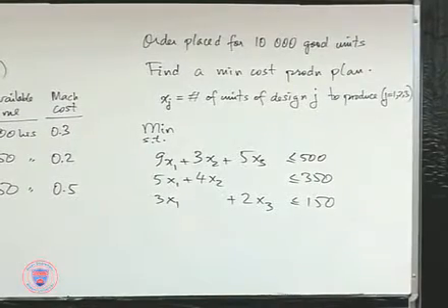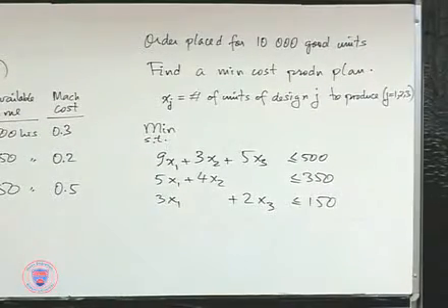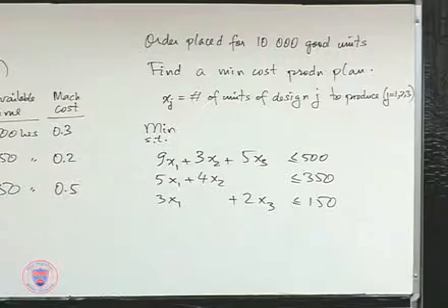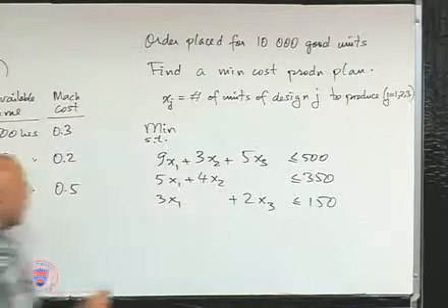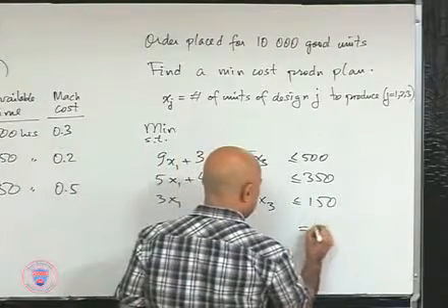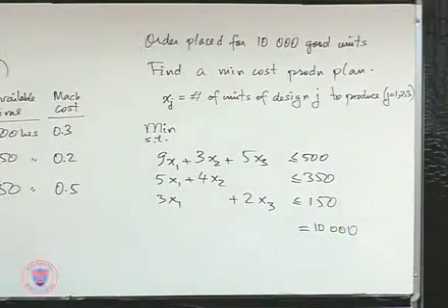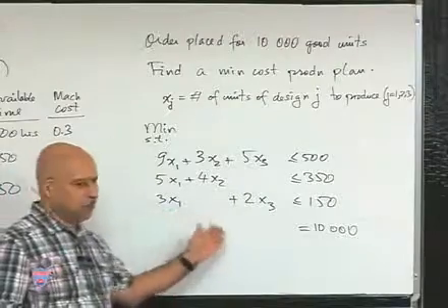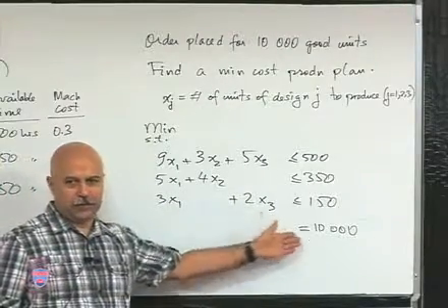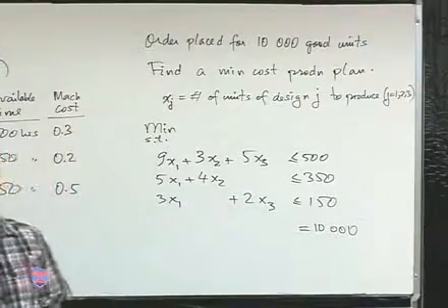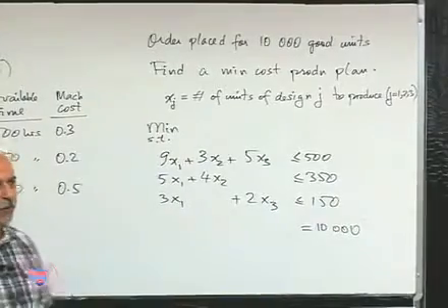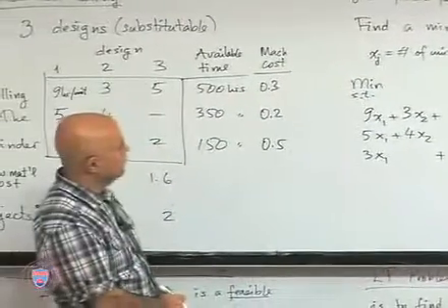What other constraints do we have? Total demand. Okay. You want to have 10,000 good units. Now, if I simply write down x1 plus x2 plus x3 equals 10,000, it won't do the job because there are some rejects. So how am I supposed to write this down?